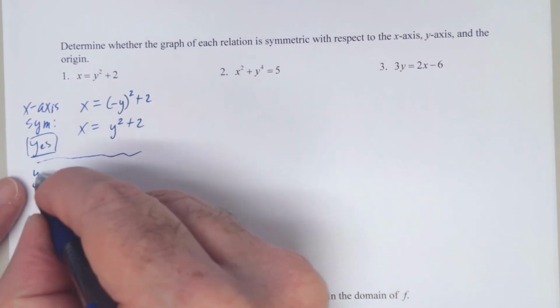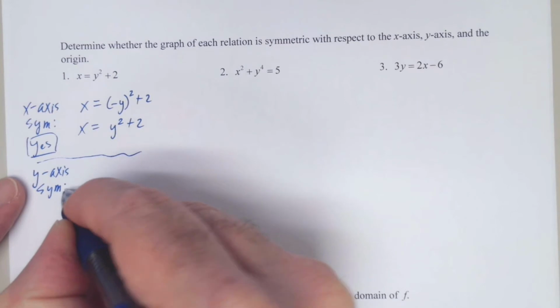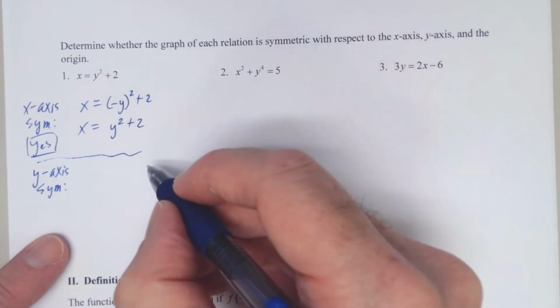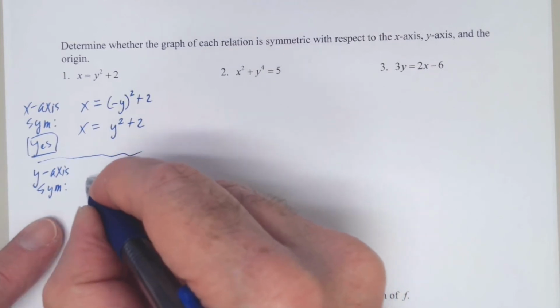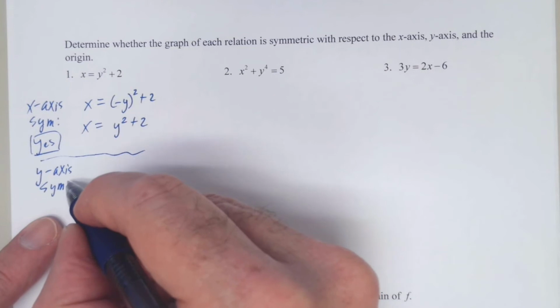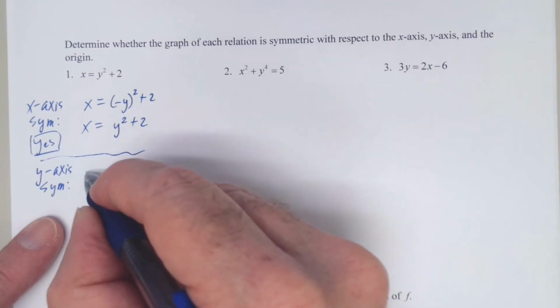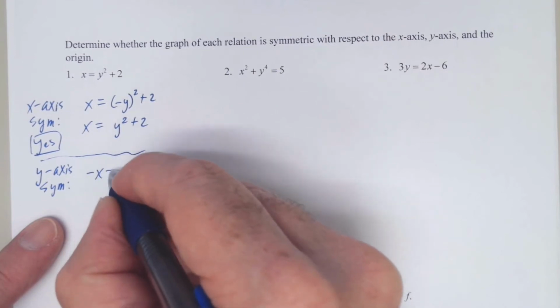What about y-axis symmetry? Well, if we replace x with minus x, again, if we're looking at y-axis symmetry, we're replacing the opposite variable. So that would be x with minus x.